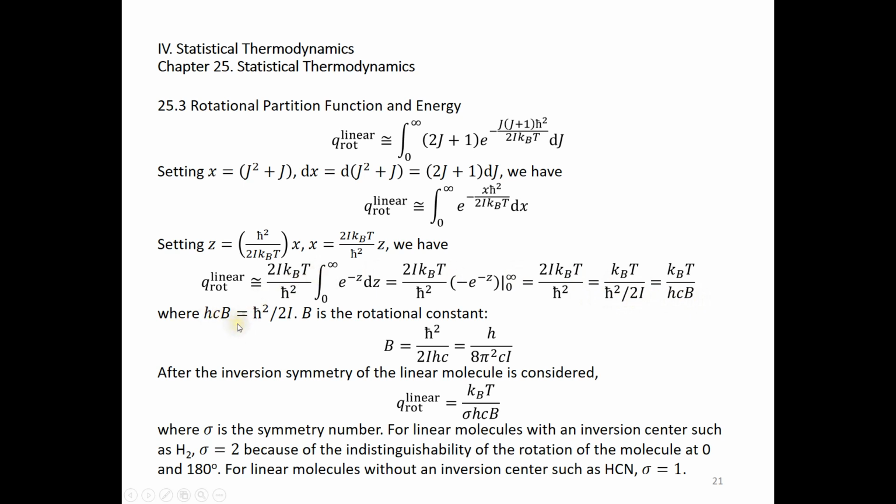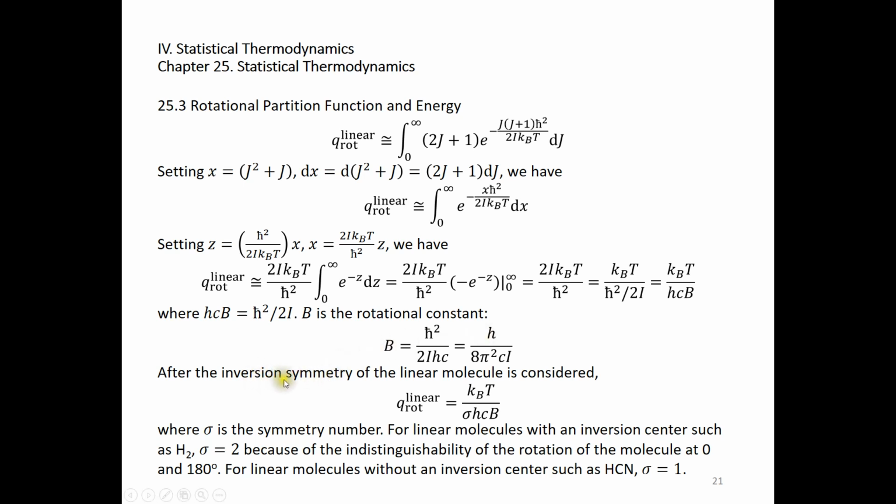Again, hcB is equal to h bar squared over 2I. B is the rotational constant. B is h bar squared over 2I over hc, or h over 8 pi squared cI. c is the speed of light, I is the moment of inertia, and h is the Planck constant.